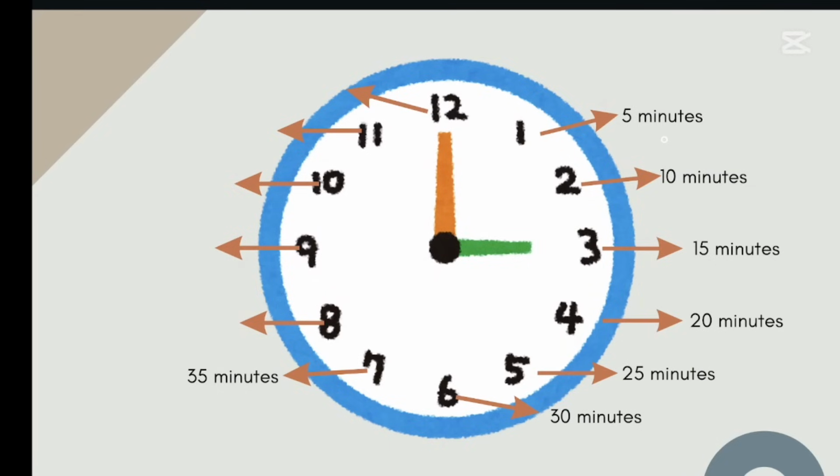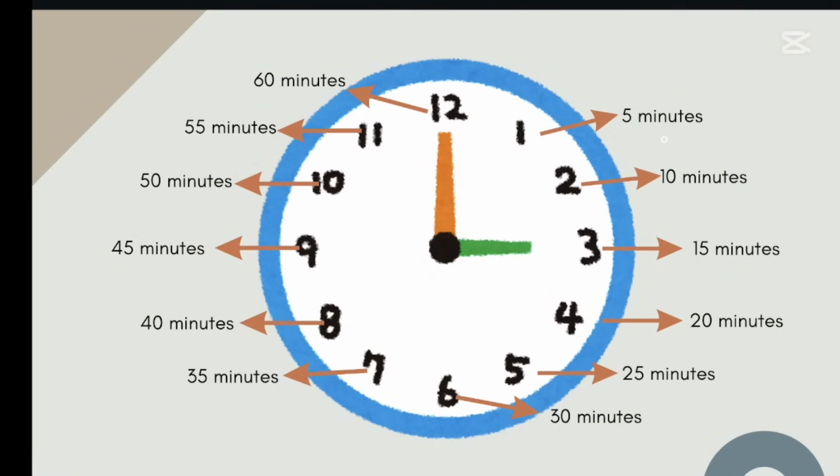7 is for 35 minutes. 8 is for 40 minutes. 9 is for 45. 10 is for 50 minutes. 11 is for 55 minutes.